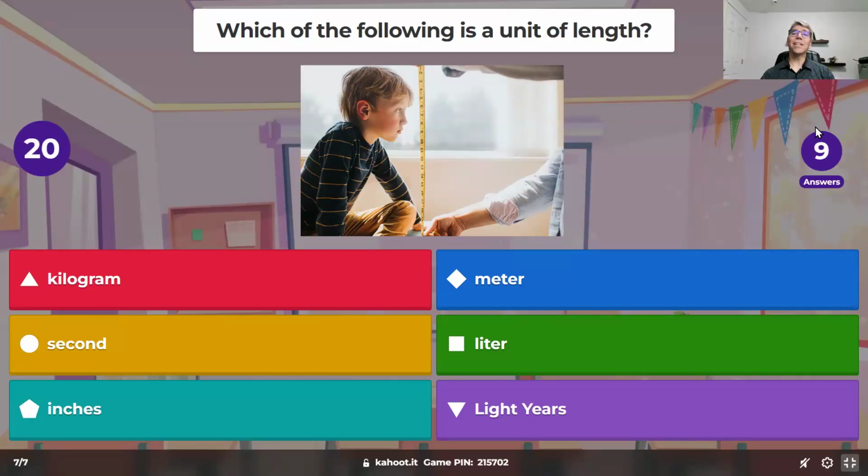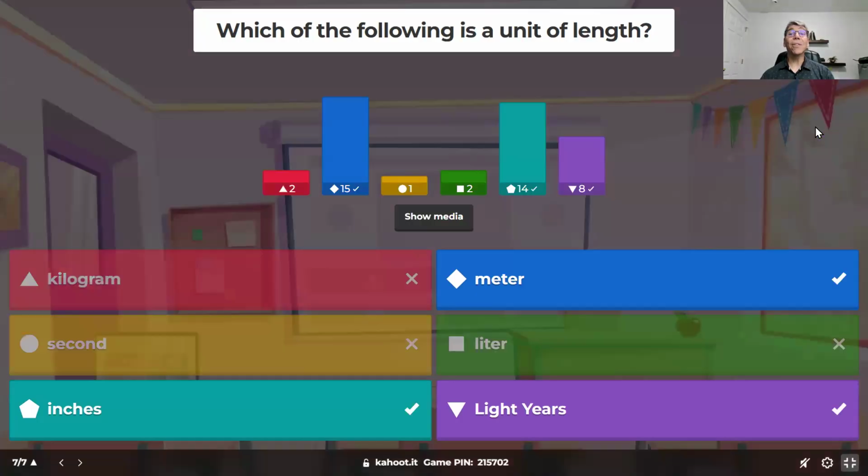Let's see how that goes. Yeah, light years. How is light years a unit of length?